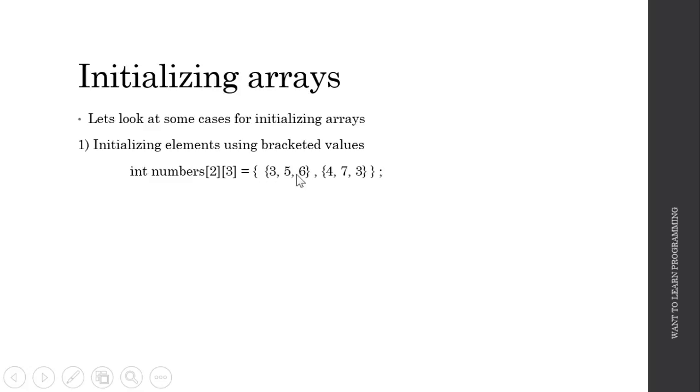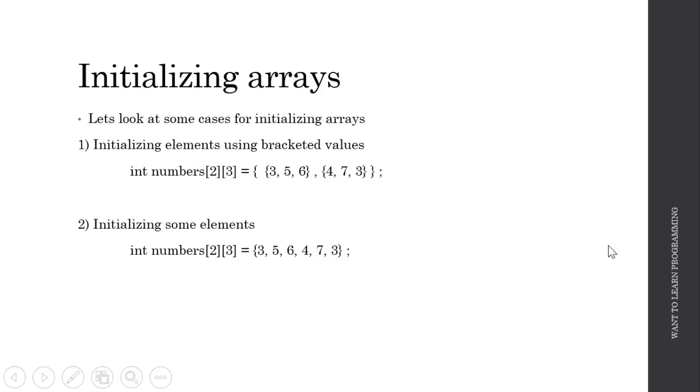That is 3, 5, 6 are part of row 1 and 4, 7, 3 are part of row 2. Similarly, we can initialize the elements without using the internal brackets. That is, numbers[2][3] is equal to 3, 5, 6, 4, 7, 3. Even here, 3, 5, 6 are part of row 1 and 4, 7, 3 are part of row 2.